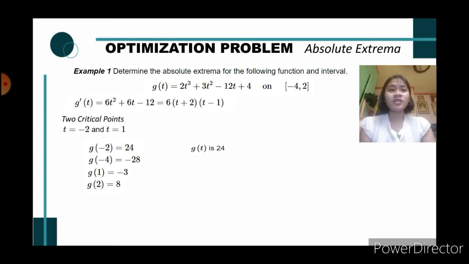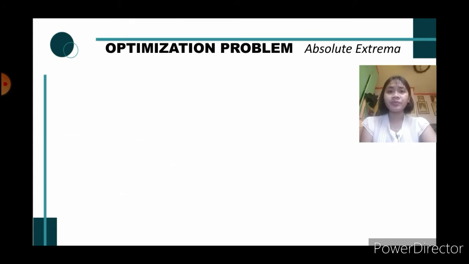And the absolute minimum of g of t is negative 28, which occurs at t is equal to negative 4. Yun naman na yung magiging endpoint.